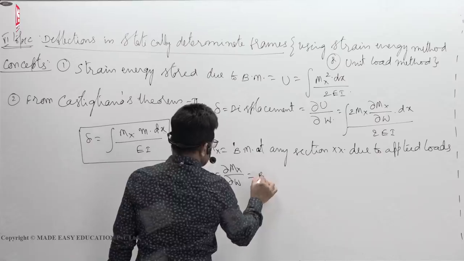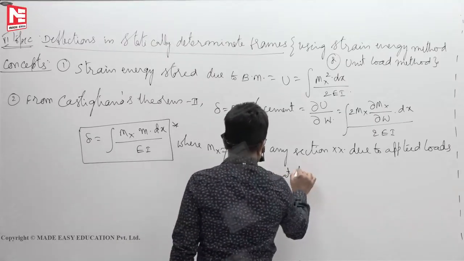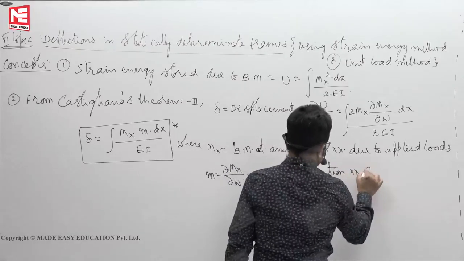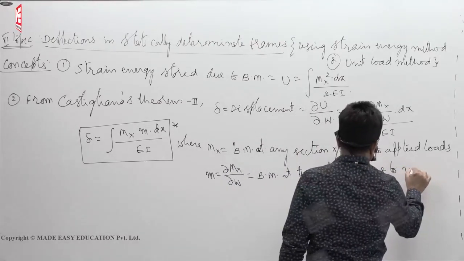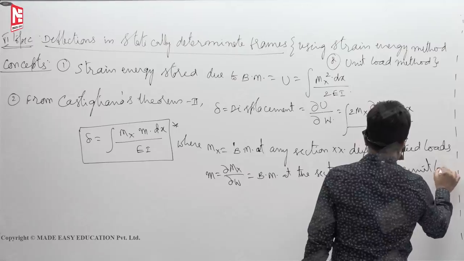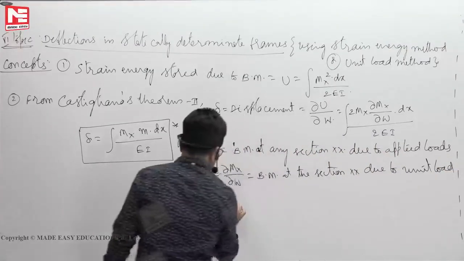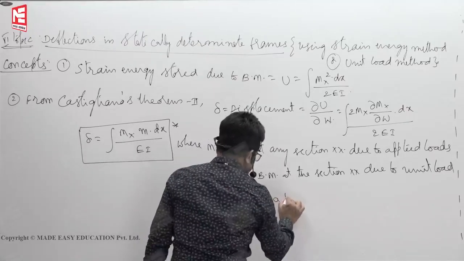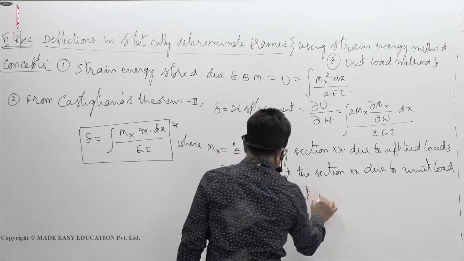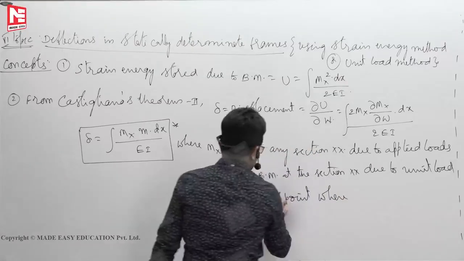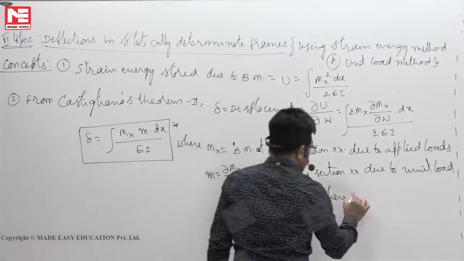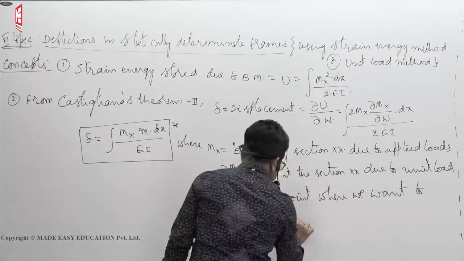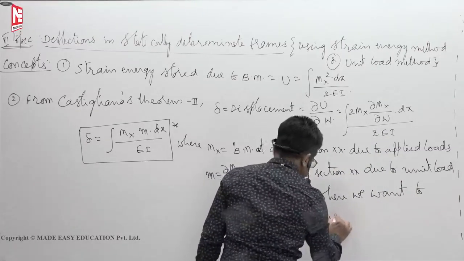Implied meaning is bending moment at the section xx due to unit load, unit load applied at the point where we want to find displacement.